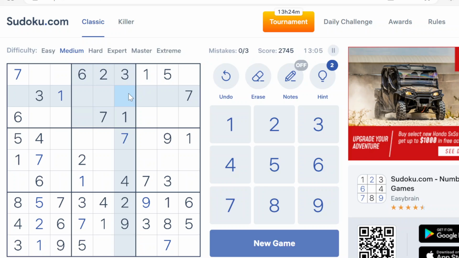And there's already a 5 in this box. So this one has to be either 6 or 8. And unfortunately, looks like we don't have enough information to say which one is which.